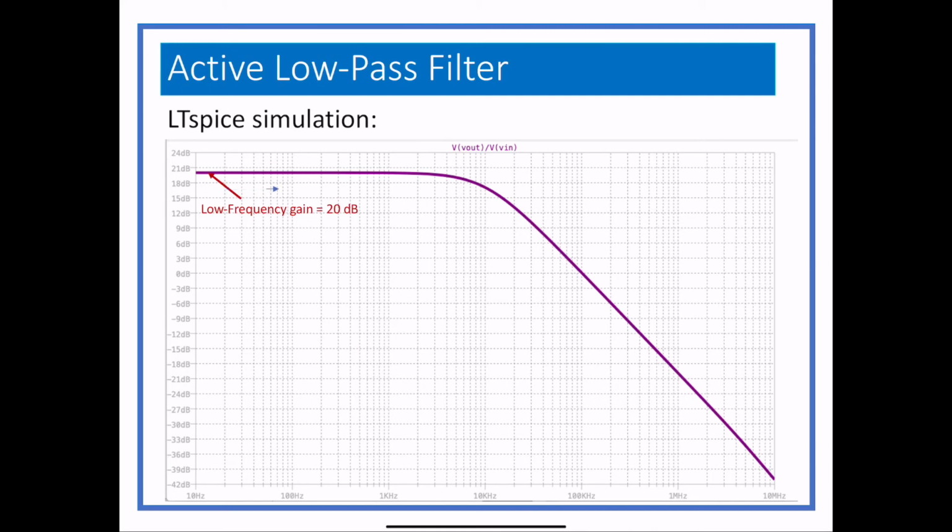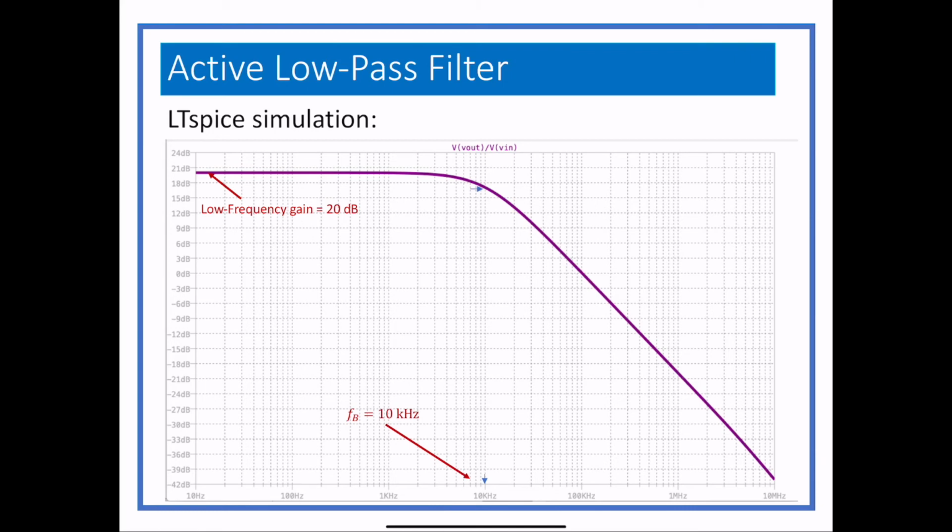And then somewhere over here, we have minus 3 dB, and we go down and figure out what that value is, and it is actually 10 kilohertz, which is good. If it wasn't, I would feel bad. So that is the low pass filter. Cool thing is the high pass filter is almost exactly the same. In fact, everything else we do today is almost exactly the same. That's probably the hardest one.